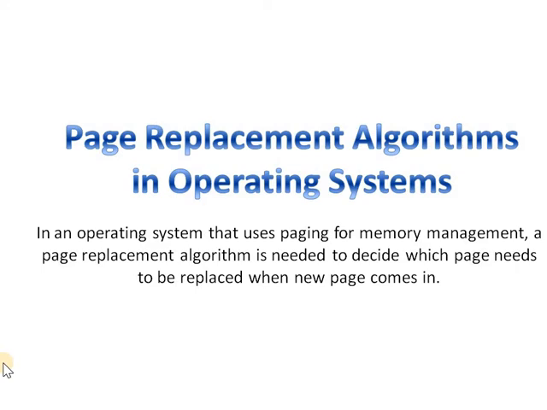Therefore, most modern computers use a combination of both hardware and software to allow the computer to address more memory than the amount physically present on the system, and that extra memory we call virtual memory.